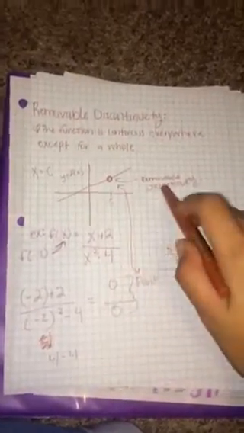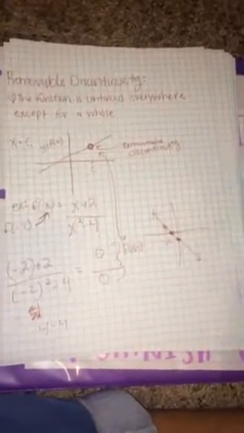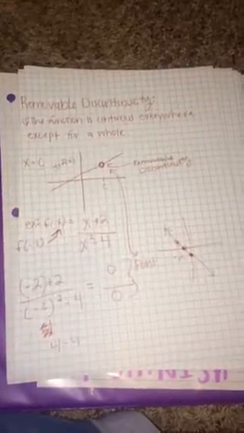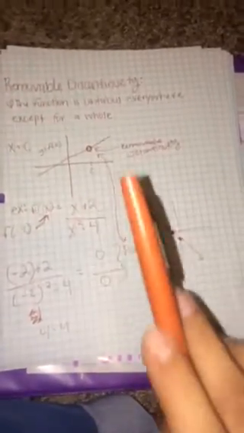Again, removable discontinuity is where the function is continuous everywhere except for a hole. I'm going to jump into jump discontinuity and infinite discontinuity later, but just keep in mind that for it to be a removable discontinuity, both top and bottom have to be equal to 0.